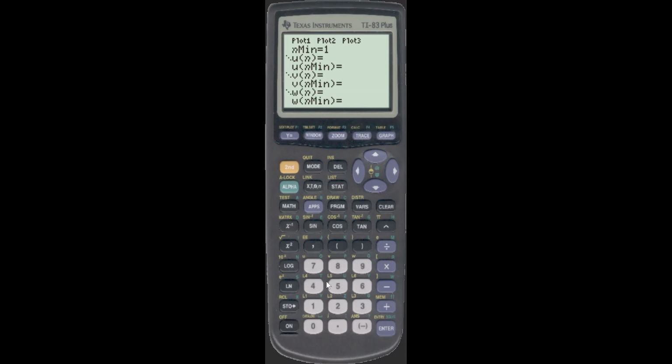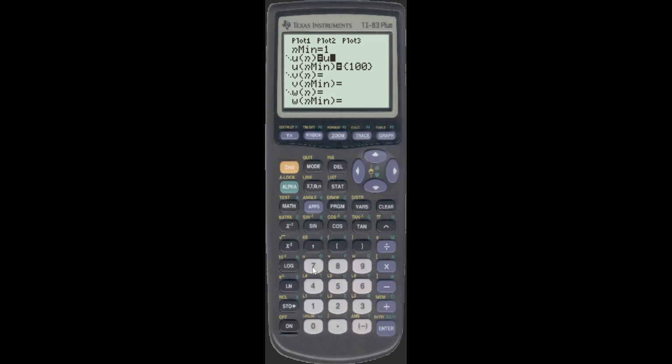Okay, so let's do something really simple here. Like you owe someone $100, and that's the first payment. So now the u(n) is the formula here. This is where I think I have to go alpha 7. Nope. No, it's second 7.